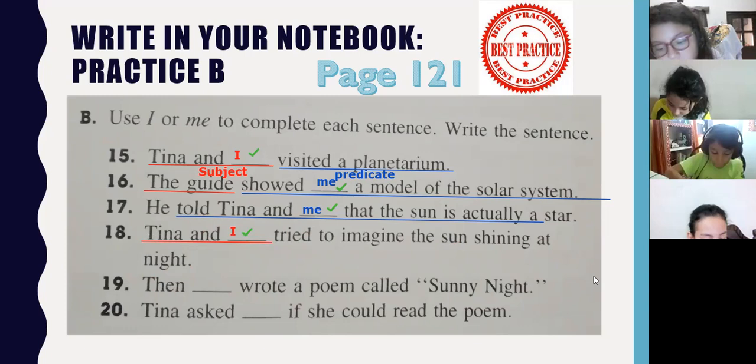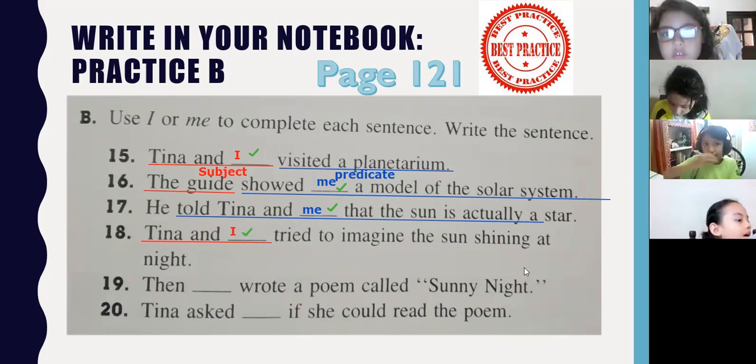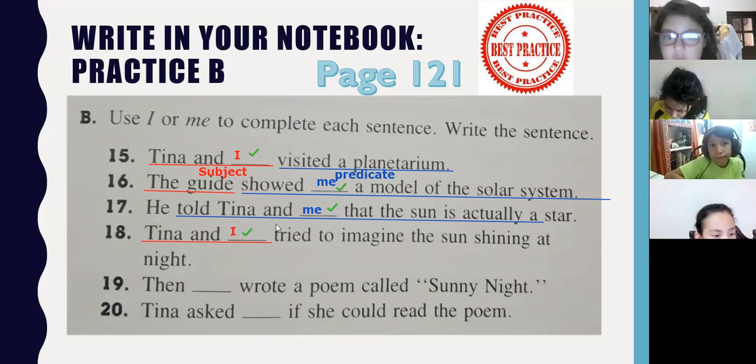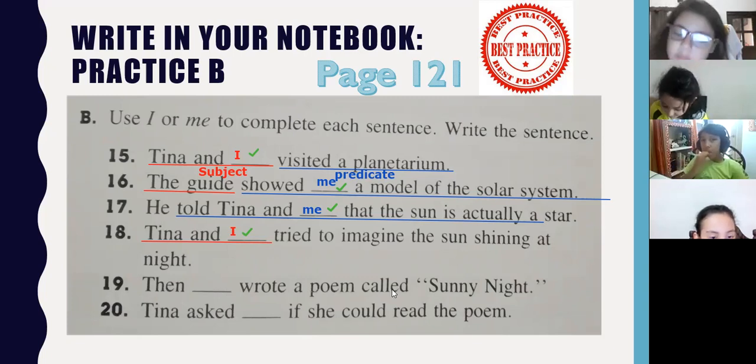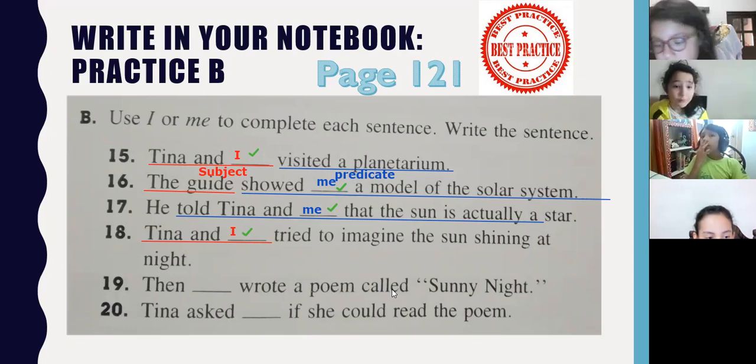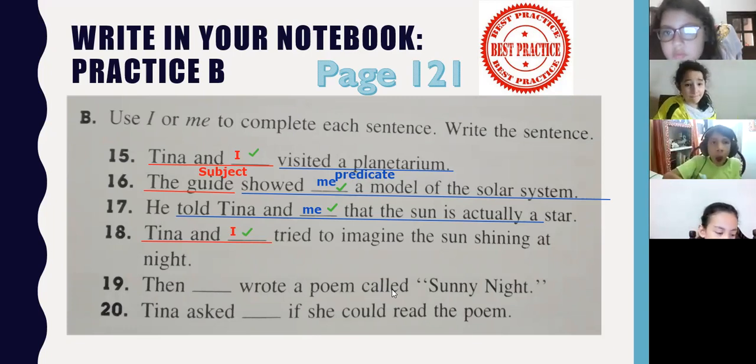Now let's try number 19, Rosa. Then I wrote a poem about a sunny night. We're using just I or me.